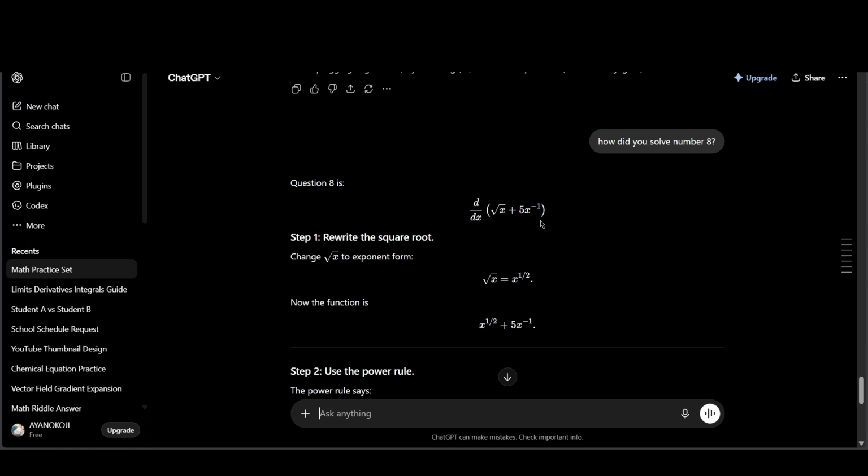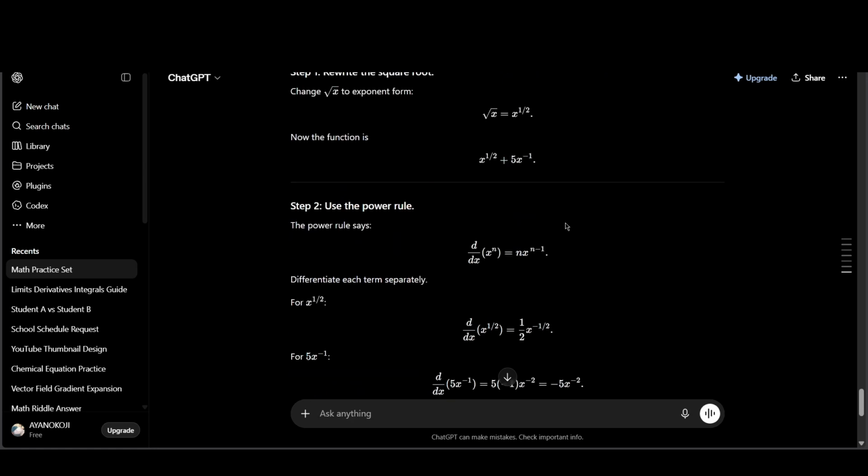Then the function becomes x to the power of 1/2 plus 5x to the power of -1. Use the power rule.